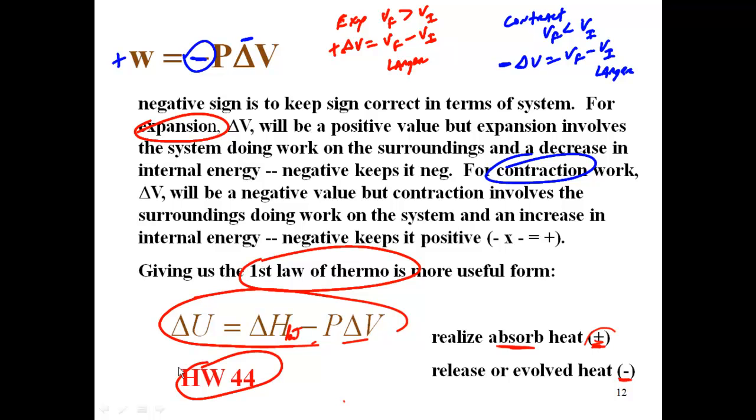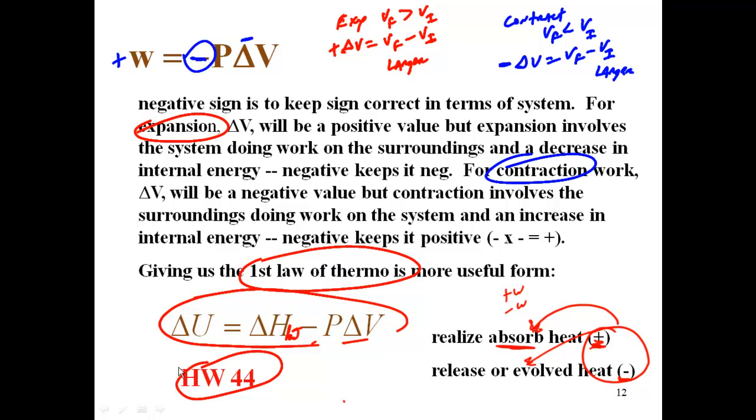These signs you're going to have to put in based on the words that are given to you with that energy. Same thing with work. If we say the system is doing work on the surroundings, then you've got to talk about negative work. If you talk about the surroundings doing work on the system, then you're going to talk about positive work. So you've got to make sure that you put in the right value, a plus W or a minus W, when you plug those values into your calculations.